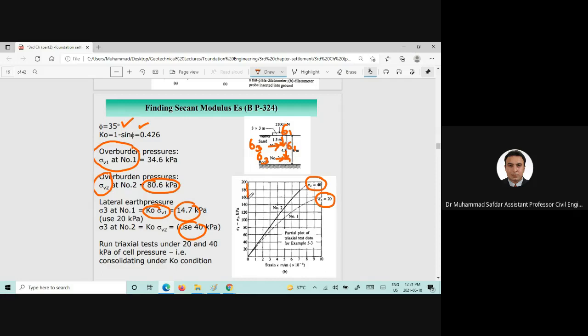Now once we get the sigma 3, the stress and strain behavior can be plotted. And from these curves, we can find out the modulus of elasticity.